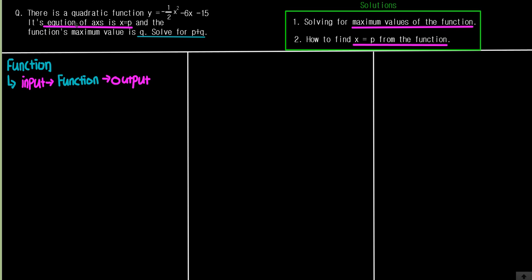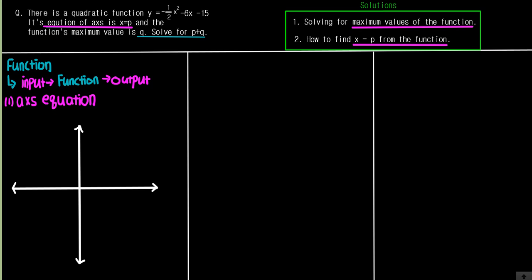And now let's think about what an equation of axis is. For the axis equation, we know that the question says x equals p. In order to think about the axis equation, let's think about the basic format of a line. This is not a quadratic function like y equals -1/2 x squared minus 6x minus 15, because this term doesn't contain a square, which means when you graph this, it will be a line.